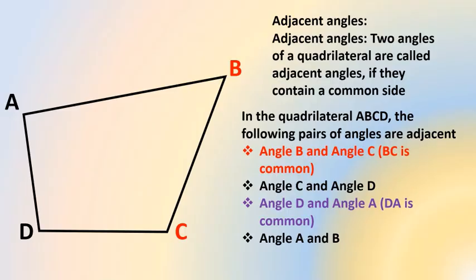So they are sitting together. Now the angles made there are called adjacent angles. Simple. They have one common side. Common side means what? The side which connects them. Right? That vertex belongs to that side.